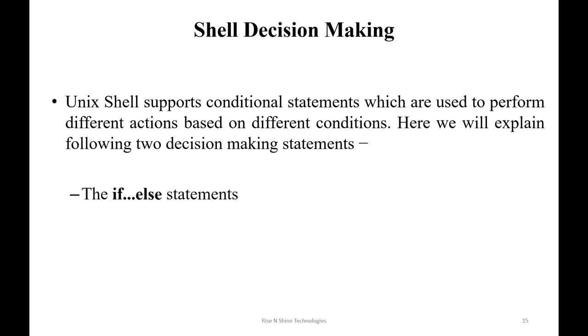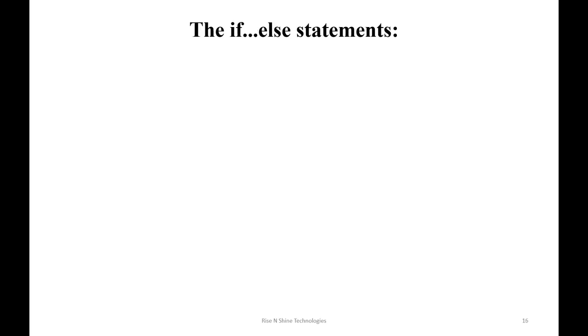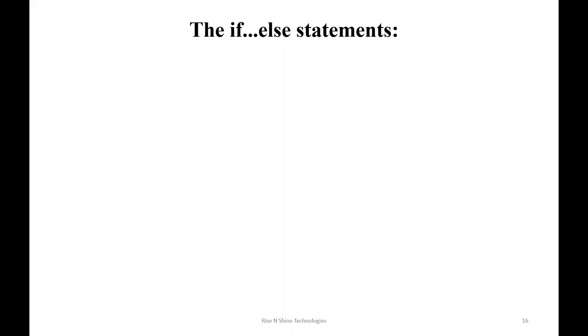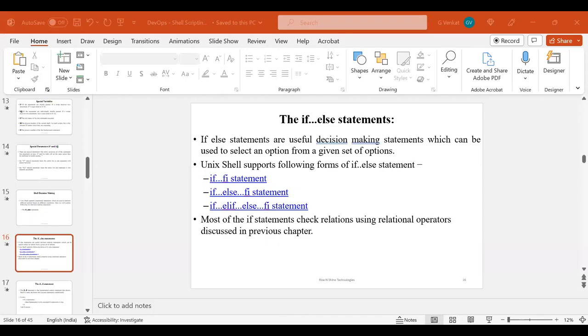One is the if-else statement, and the second one is the case statement, which we can say is the switch case statement in a normal programming language. But what about this if-else, and what is the syntax of this? Normally in a program, how do you write it?